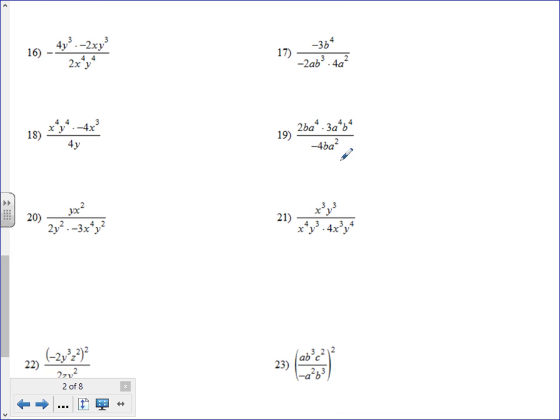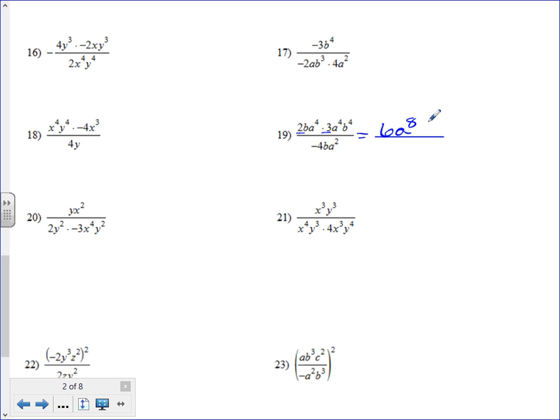On the back, you need to simplify first and then reduce. So the numerator right here, we need to simplify. So let's simplify the numerator first. 2 times 3, 6. Let's put a first, right? A to the 2nd power.